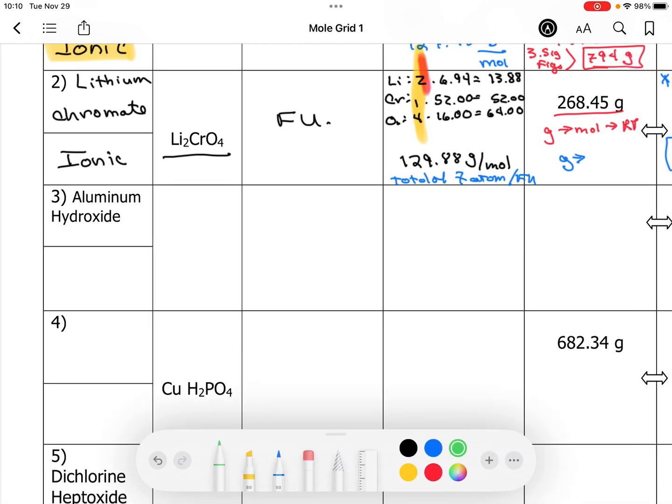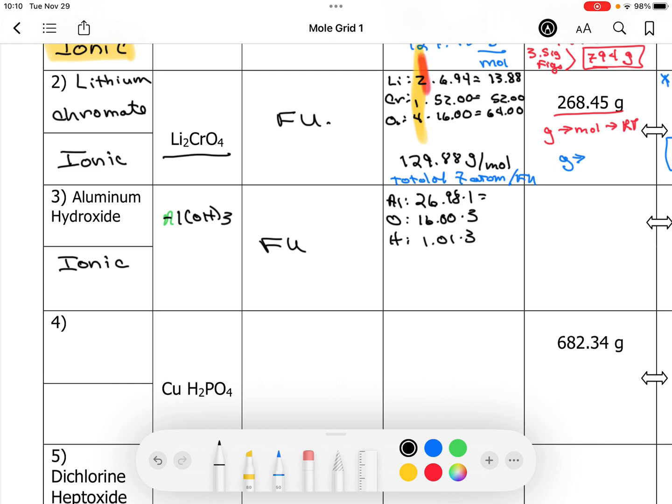Next, we're given aluminum hydroxide, which is AlOH3. This is also ionic and a formula unit. We have Al, 26.98 times 1, O, 16.00 times 3, and H, 1.01 times 3.